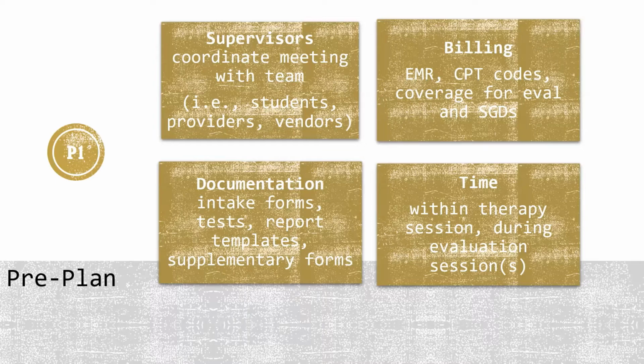You can find information on the American Speech Language and Hearing Association website about billing for AAC assessments, and how to make sure you're following the right methods to bill, especially if your assessment is across multiple sessions, which ours are. They're typically two-hour evaluation sessions. So CPT codes to be using for billing for that, as well as coverage codes for speech generating devices if they are recommended. Those HCPCS codes, we'll get into that a little bit later.